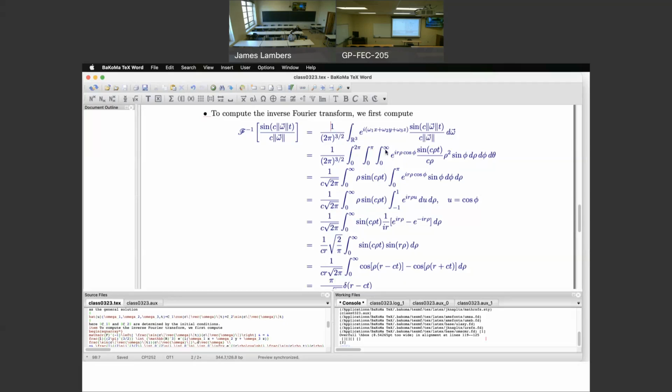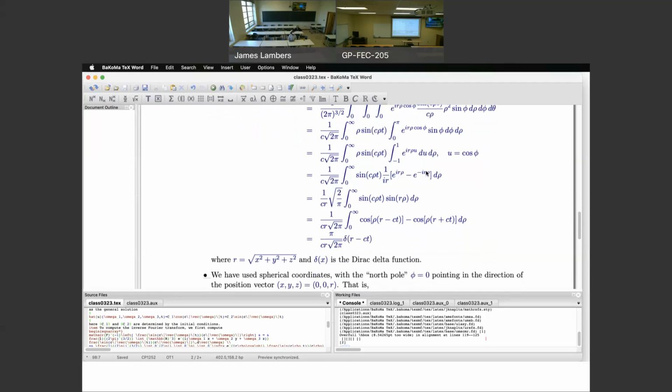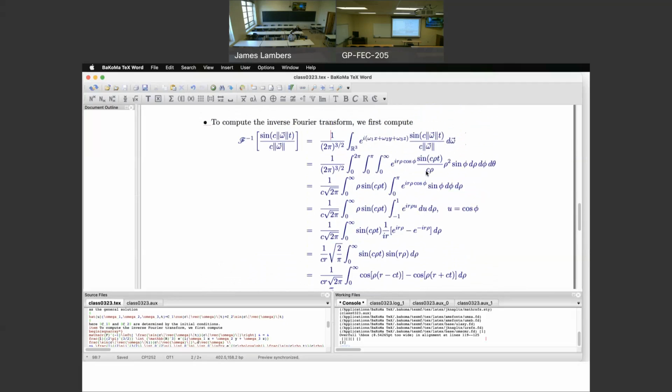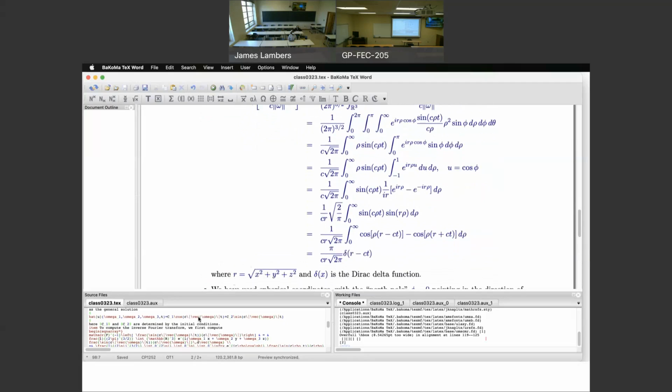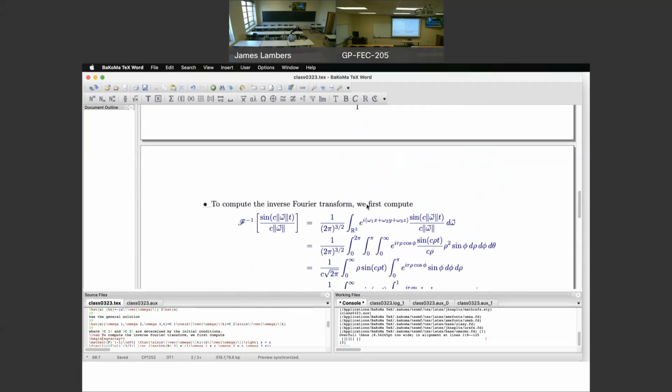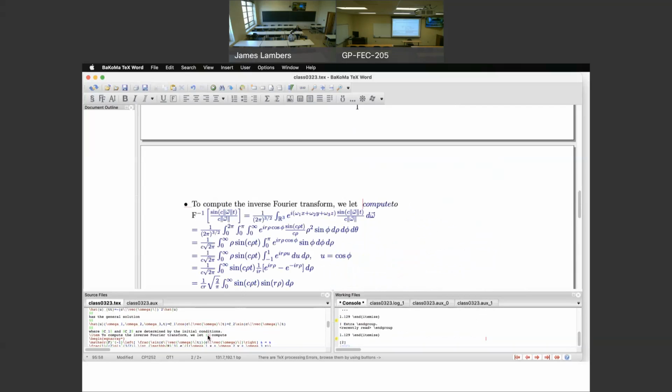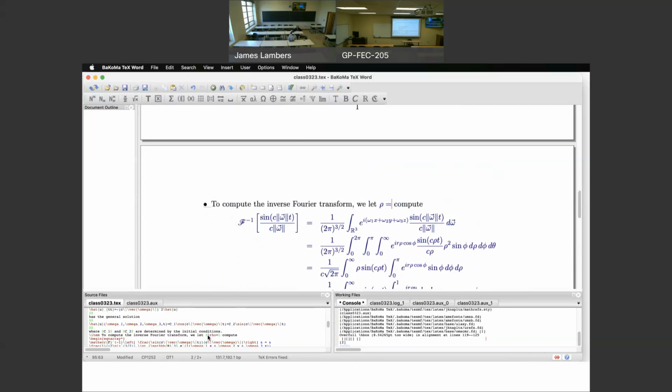Okay, so how do I go about doing that? Okay, I need to define some notation here. So I need to define rho, which is our radial variable in spherical coordinates.